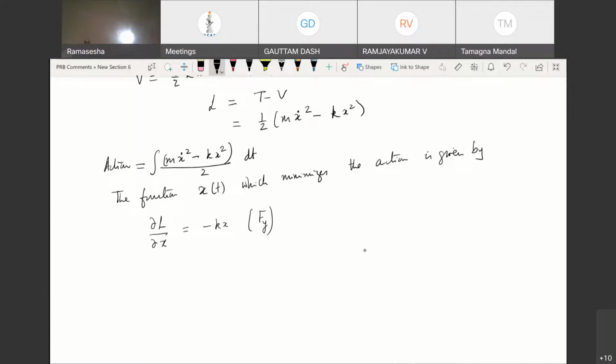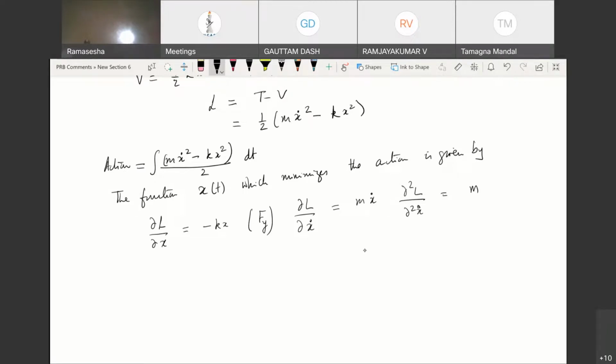And then I have del L by del x dot is equal to m x dot, or del squared L by del x dot del x dot is equal to m.